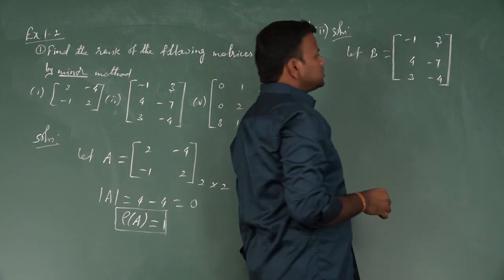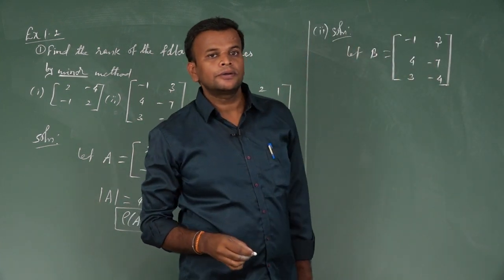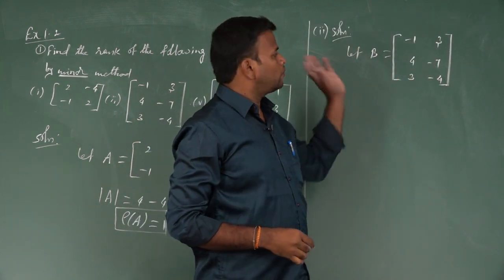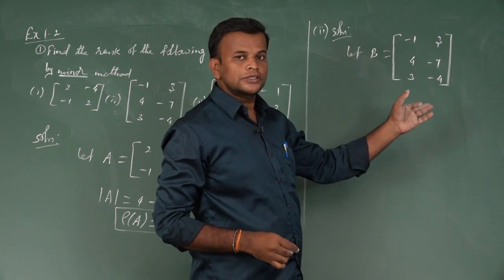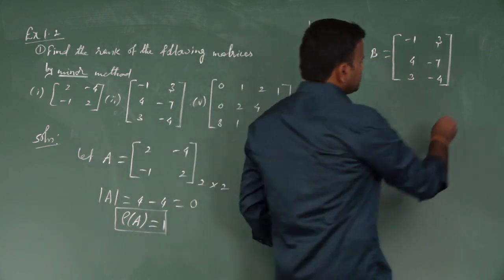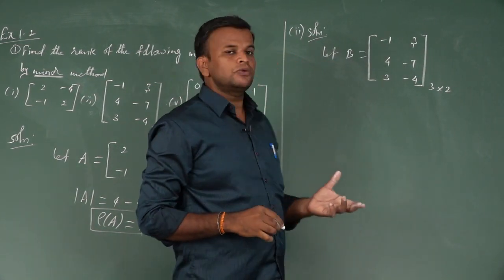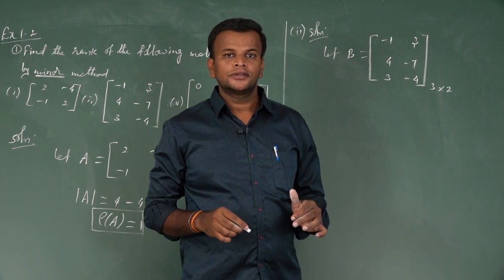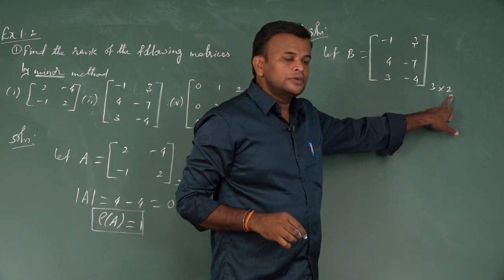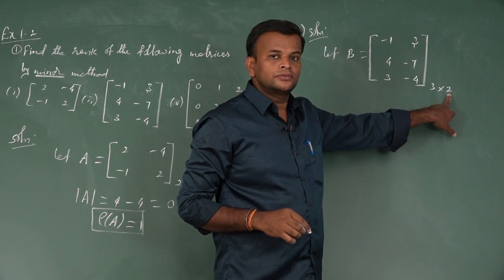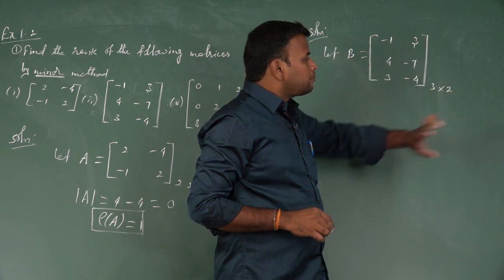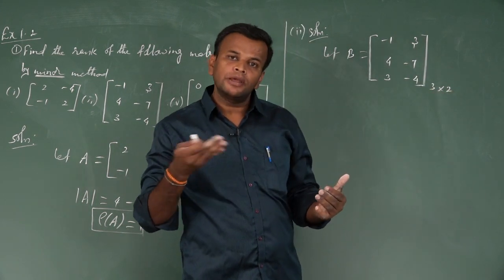What is the order of this matrix? The order is 3 by 2: 1, 2, 3, three rows, and how many columns? 1, 2. What is the maximum possible rank of the given matrix? In 3 by 2, the minimum is 2, so the maximum rank is 2, or it may be 1.